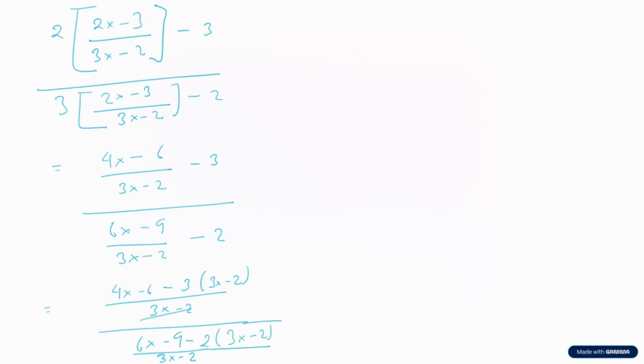So you can cancel the 3x minus 2 in both. So we are going to get (4x minus 6 minus 9x plus 6) divided by (6x minus 9 minus 6x plus 4).